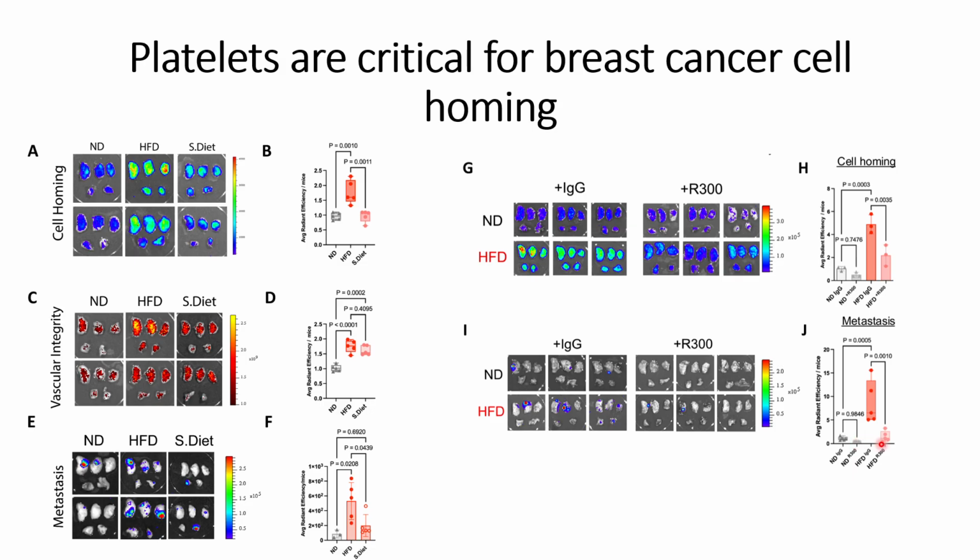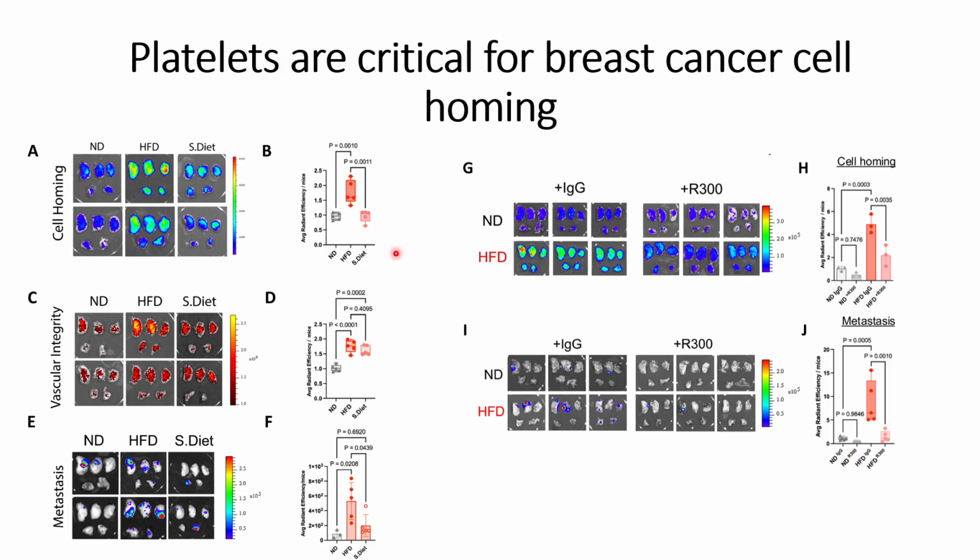But for the HFD conditions, when they use the control antibodies, there is a high signal for metastasis compared to the case where they use R300 antibodies to deactivate or reduce platelet activation, where they see a decrease in the radiant efficiency, indicating a reduction in metastasis when there is a low amount of activated platelets, or when platelet activation goes down.